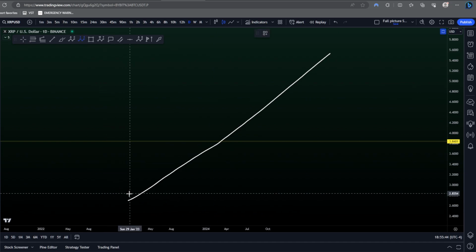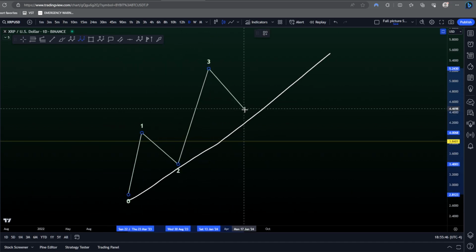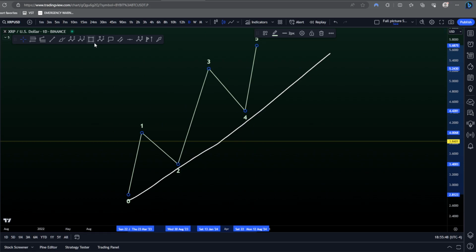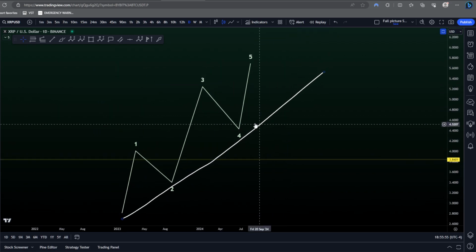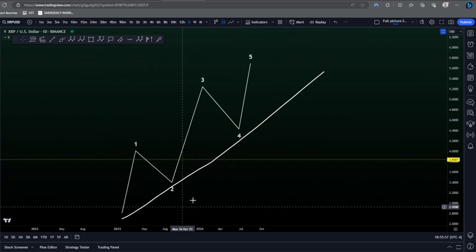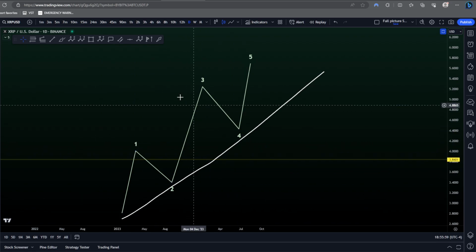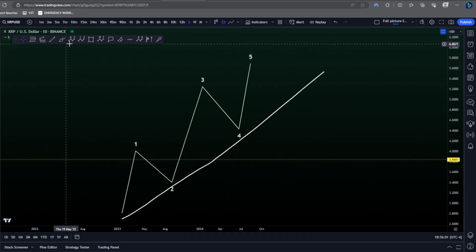Now, with our impulse wave, it's going to be a fractal. You can break it down in scale. So this, let's say, is the largest structure. Let's say it's on the daily time frame.